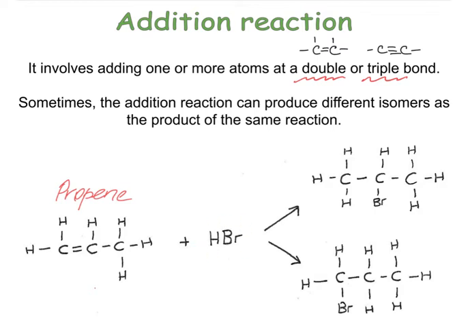And since we're not in control of where hydrogen and bromine are going, they attach themselves on carbons that used to be adjacent by the double bond. So we have relatively equal chances of having 1-bromopropane as a product of this reaction or 2-bromopropane as a product of this reaction.